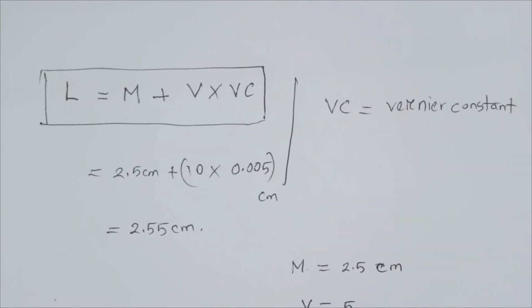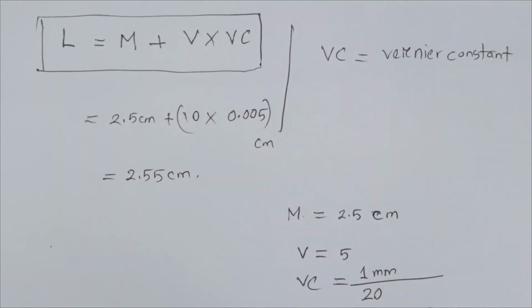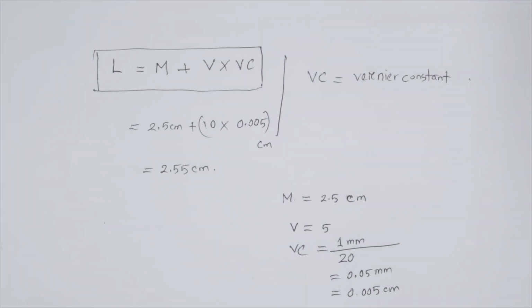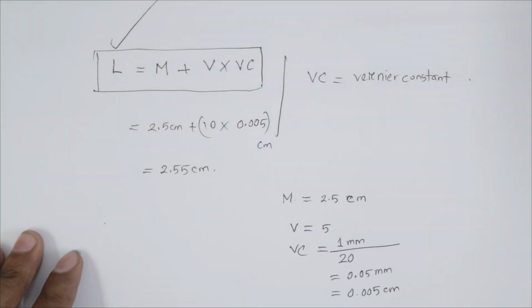So in this way we can calculate the length of any object by using Vernier calipers. So remember, L is the length or diameter of an object which is placed between the outer jaw.